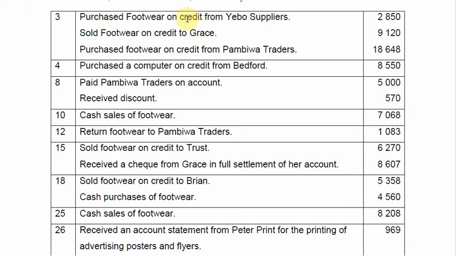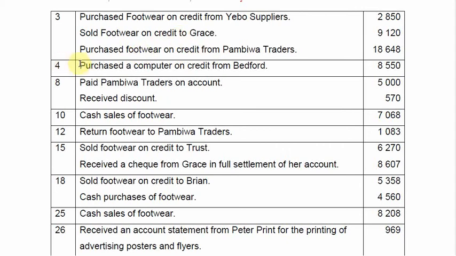You buy goods on credit, so therefore it will be the purchases journal. Then sold footwear on credit to Grace. Again, we will record this transaction because you are selling to your debtors on credit. And then the third one says purchased footwear on credit from Viva Traders, I think. Again, we will also record this one in the purchases journal because it is on credit.